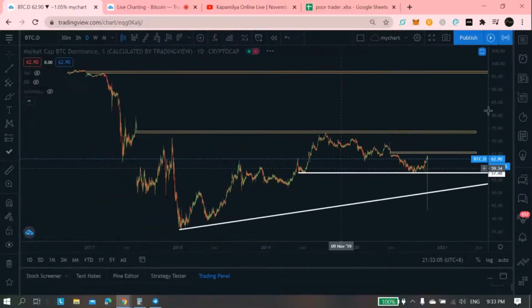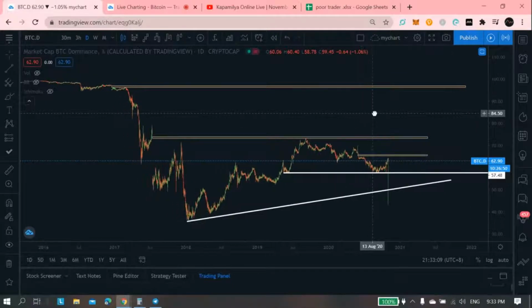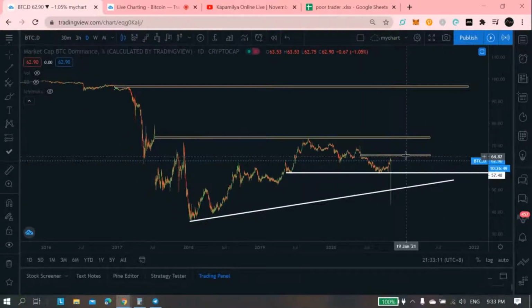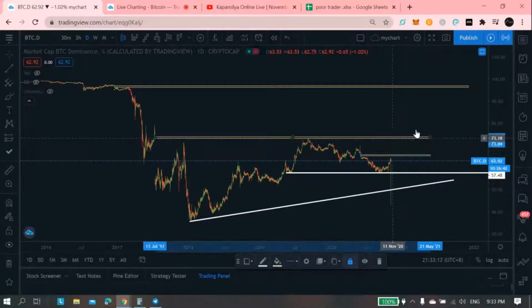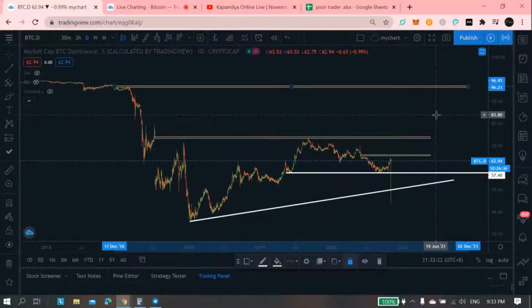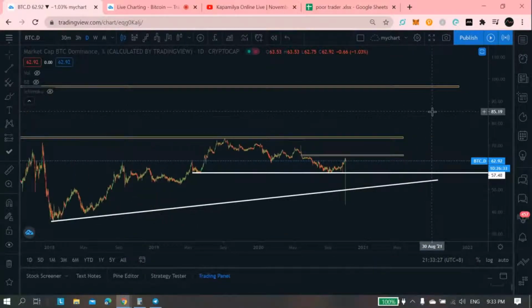If you look at the BTC dominance, there's actually 3 gaps. This area, the 66 area, and then this one around the 74 area, and this one around the 97 area.